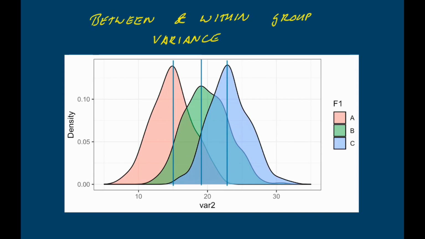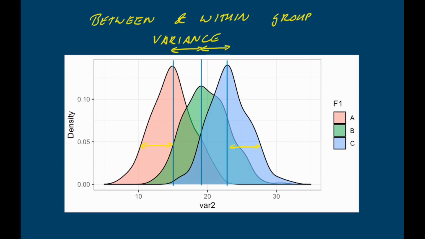So those differences between the groups are contributing a certain amount to the variance of the overall variable, and then we also have variance within each group. So that variance that we can't actually explain, because the only thing we know about these data is that they come in three groups, so we can't explain any of the variance within the group. So that's called the error variance, or the residual variance, or the within group variance.